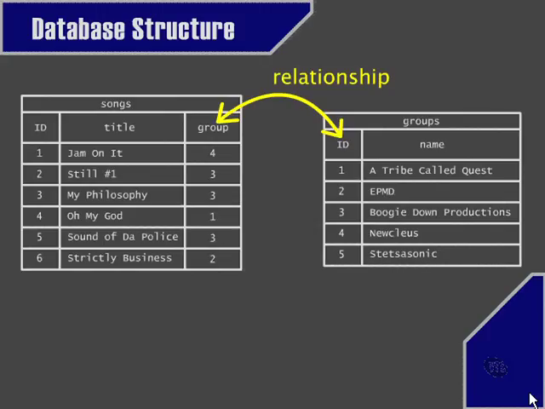This allows us to avoid storing information more than once. So for instance, Still Number One, My Philosophy and Sound of the Police are all tracks by Boogie Down Productions, but there's no need for us to store the name of the group 3 times, or however many times we have songs within the songs table.